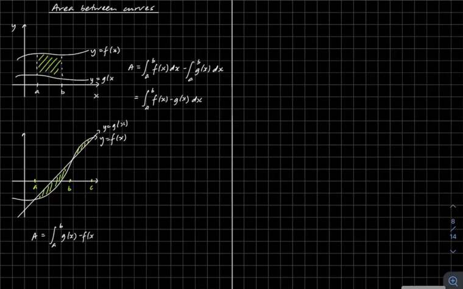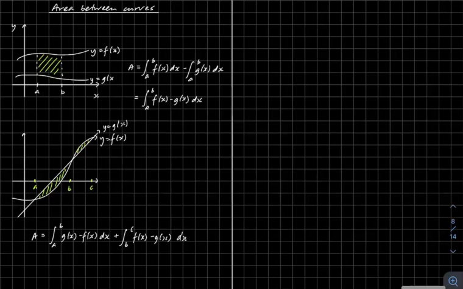So in that bit there, I'd calculate the area that way. And then for the second part, between x equals b and x equals c, f of x is the upper curve at that point. So that's how I'd calculate the area between those two curves for both those sections.